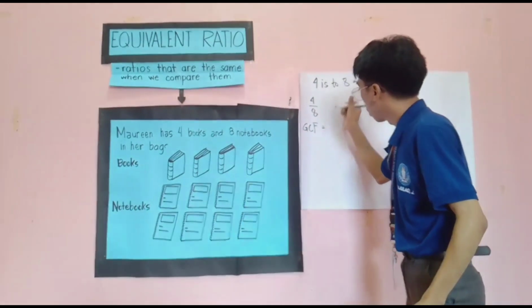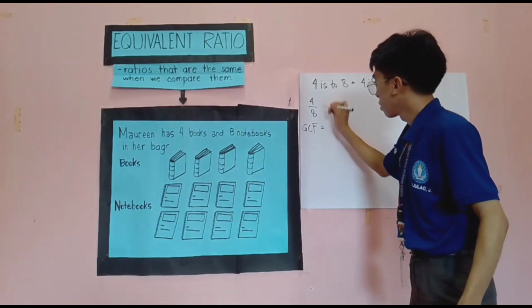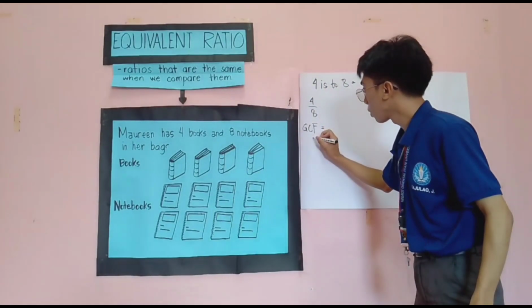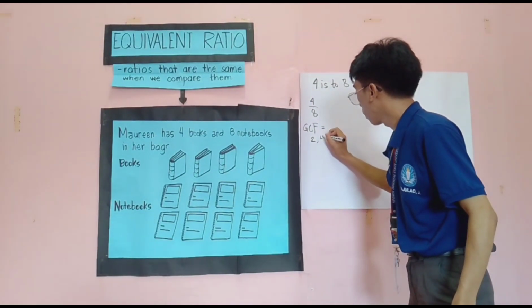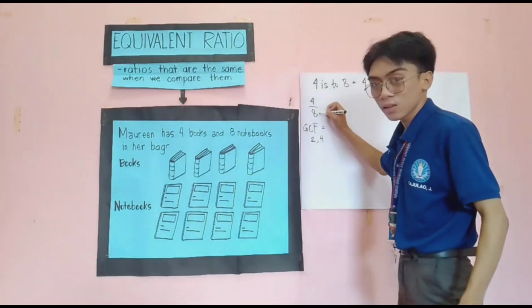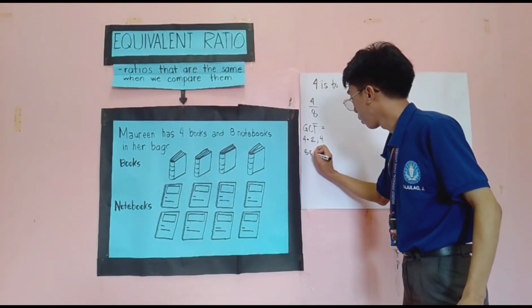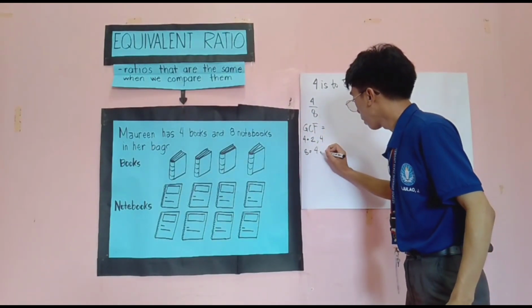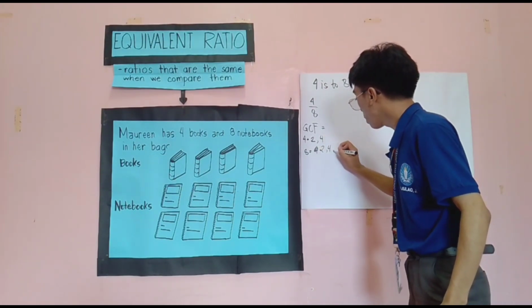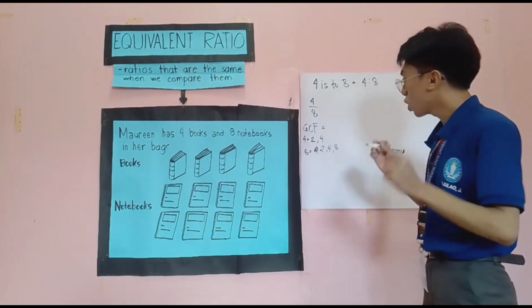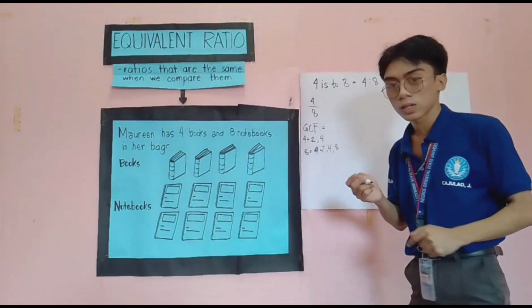So we will find the common factors of these numbers. For 4, we have 2 and 4. For 8, we have 2, 4, and 8.